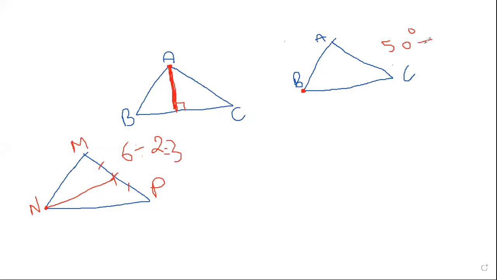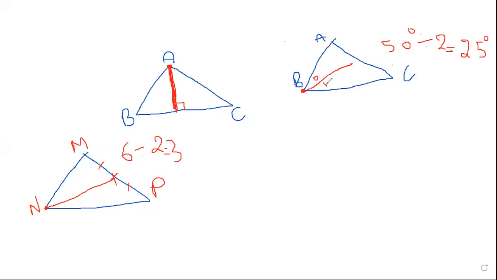So we divide 50 degrees by 2, which gives me 25 degrees. I again use my protractor and mark 25 degrees. Suppose the mark is here. I join what I marked with the vertex and I get the bisector.